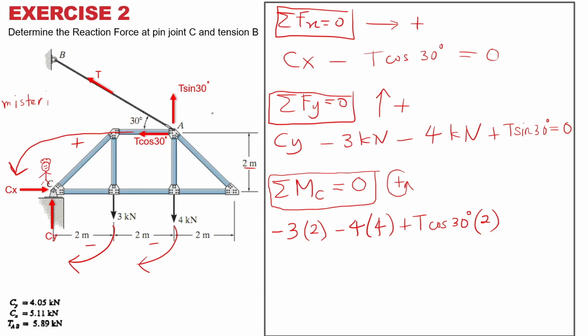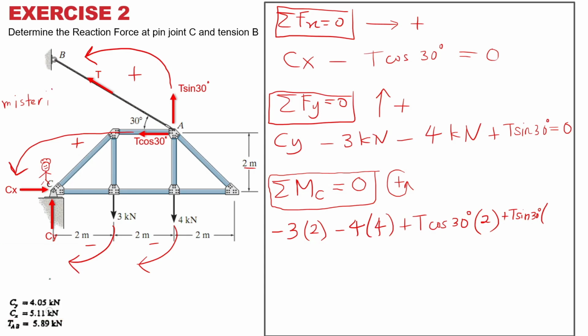And next one is T sine 30 degrees. It's rotating counterclockwise, so it's a positive. So what is the distance? T sine 30 degrees times the perpendicular distance.